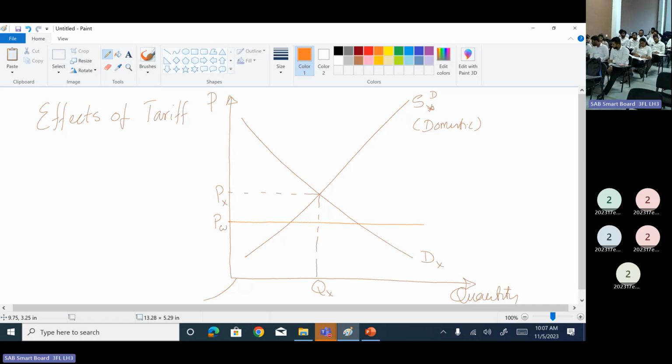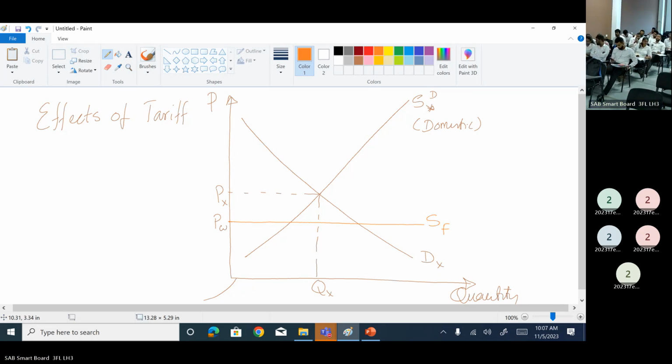So this is the foreign supply, and this is the domestic supply. It is a perfectly elastic supply curve, because at the prevailing world market price you can import any quantity.